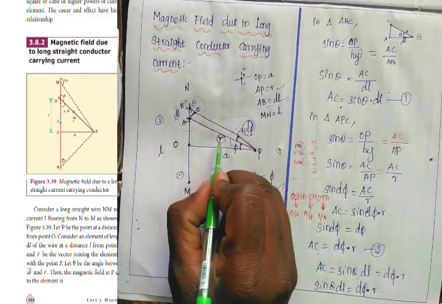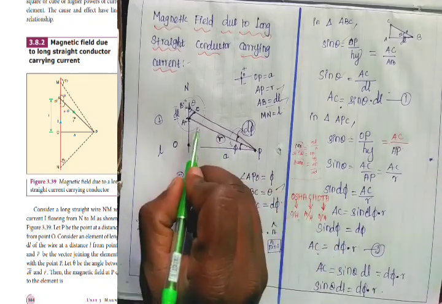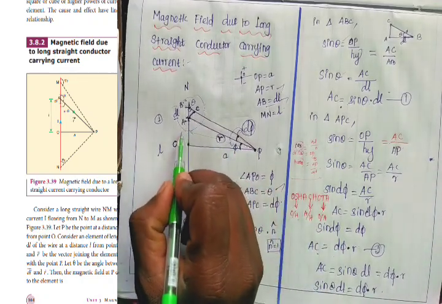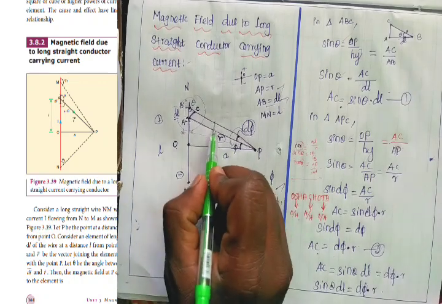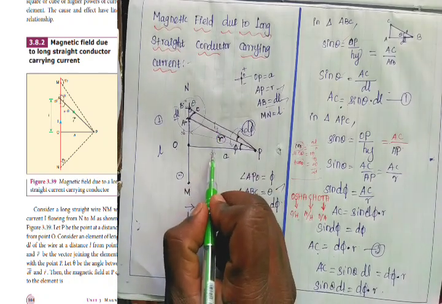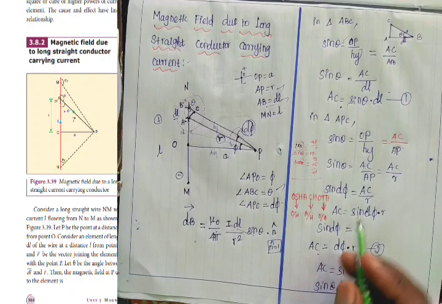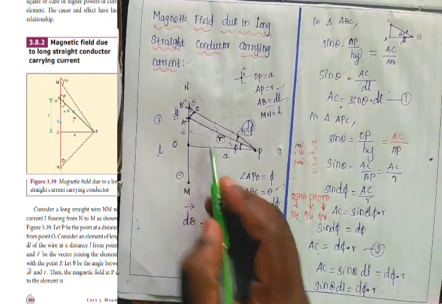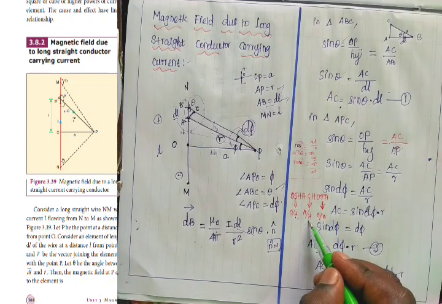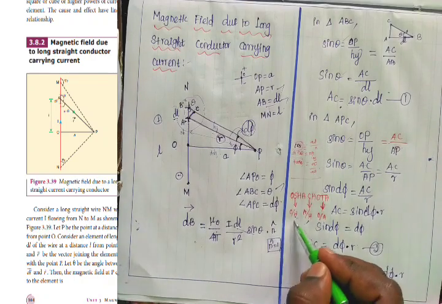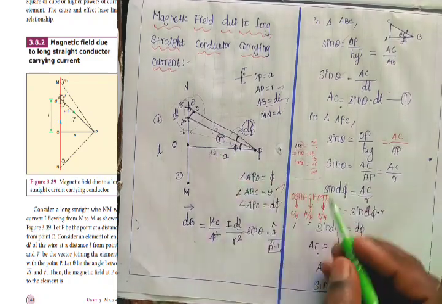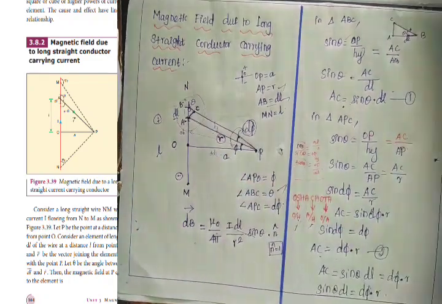Here we need R, so for this angle, this one is the opposite side, this one is the hypotenuse, and this one is the adjacent side. We need the hypotenuse value, which means only cos theta or sin theta. Here we consider the cos theta value.